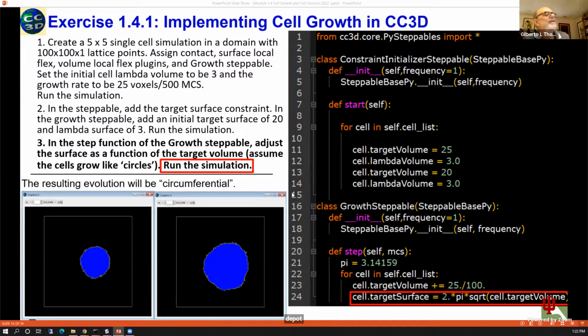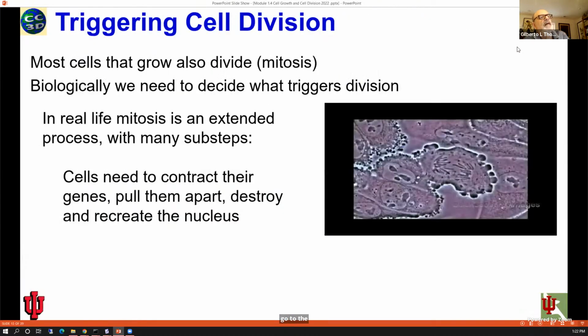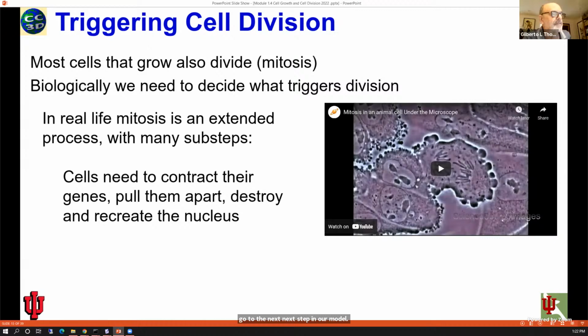Okay, this is a very easy example. Now we're going to advance to the next step in our model, that is the division, the cell division.